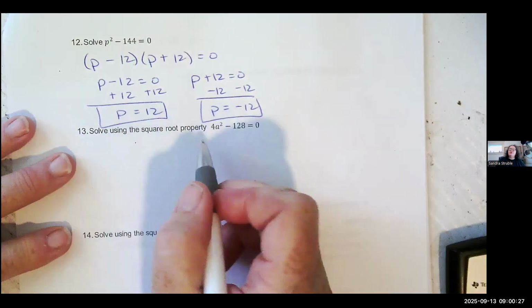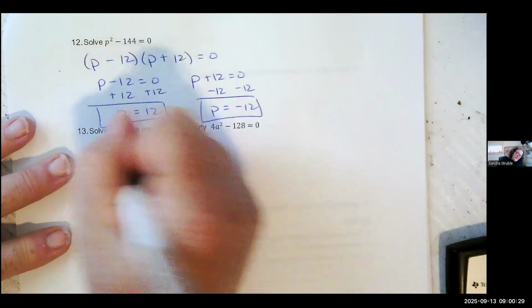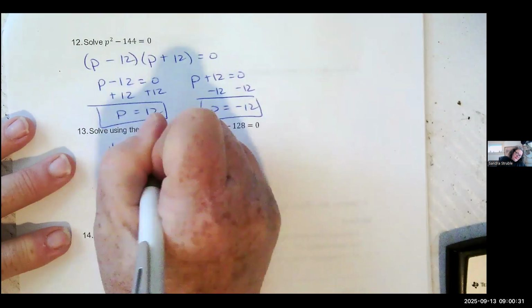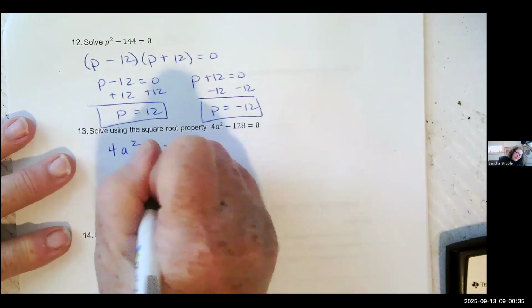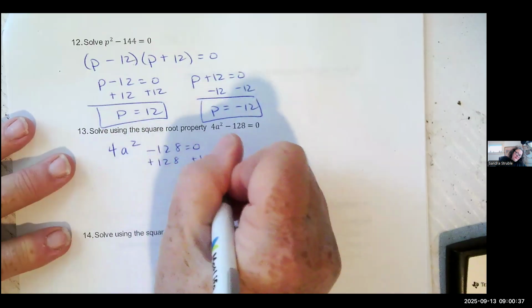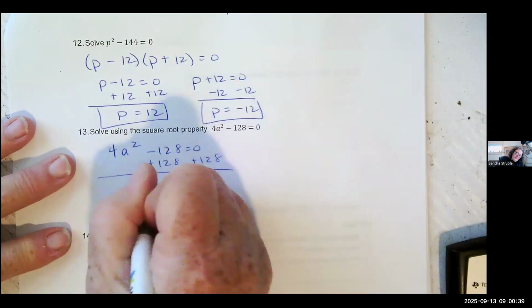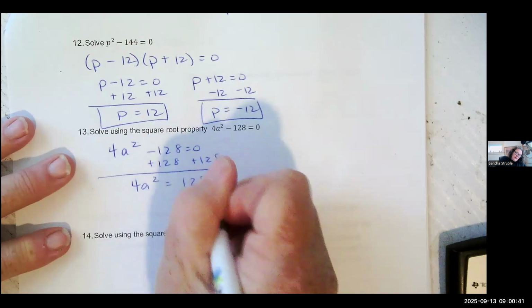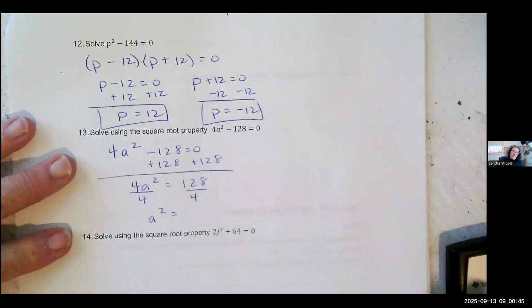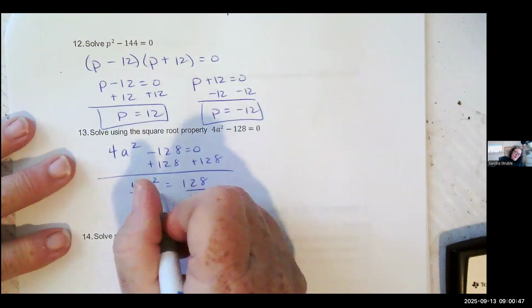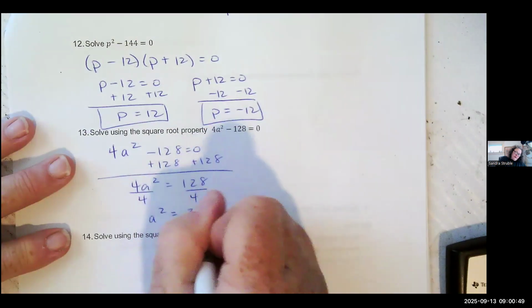Now we have to use the square root property. First thing we have to do is move that 128 to the other side. Divide both sides by 4. 4 goes into 12 3 times. 4 goes into 8 twice.